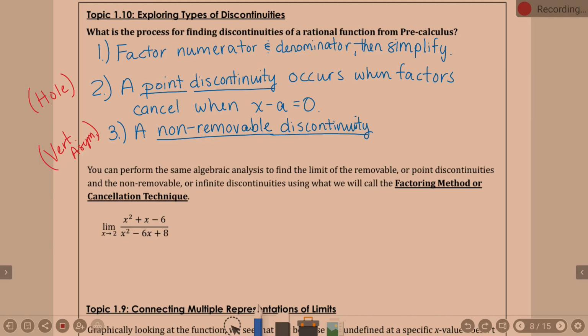This one occurs if factors don't cancel in the denominator. And again, it's that x minus a equals 0.